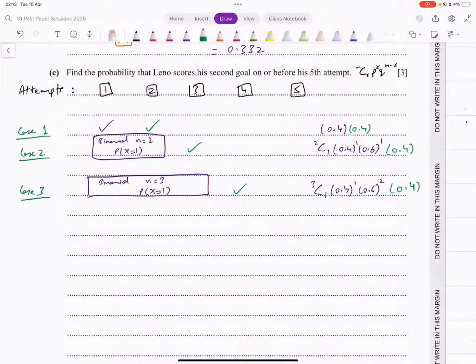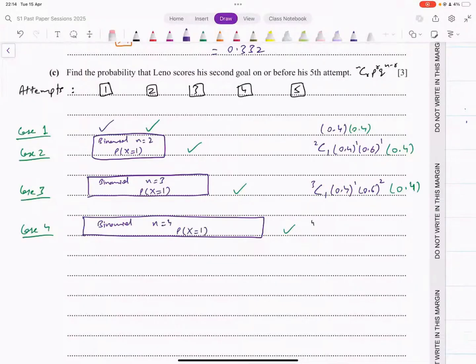We multiply by that. And then the last case would be that the second success comes on the fifth attempt. That means amongst the first 4 attempts, we want one more success. So this is a binomial with n equal to 4, and we want the probability of one success in those 4 attempts.